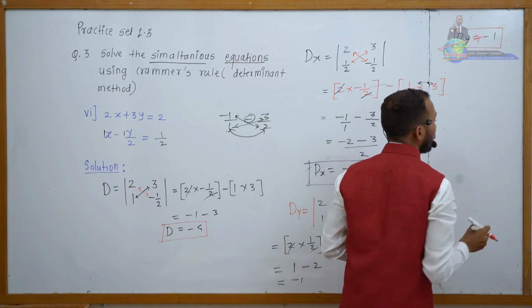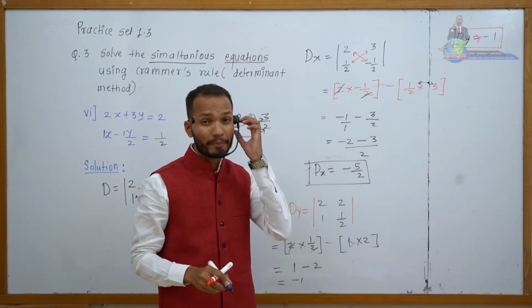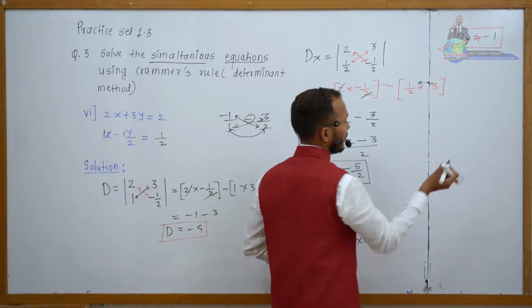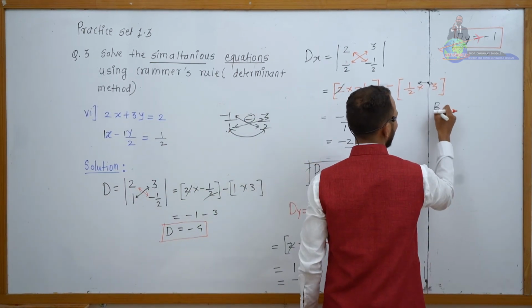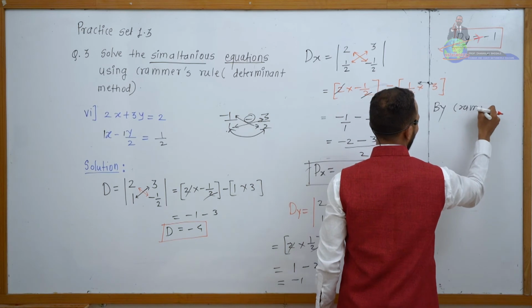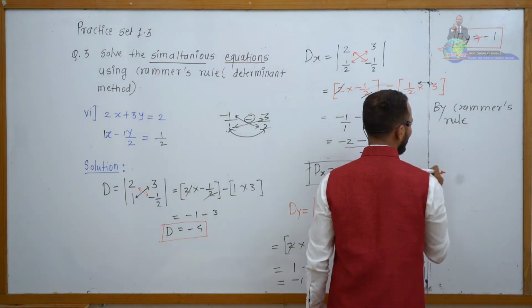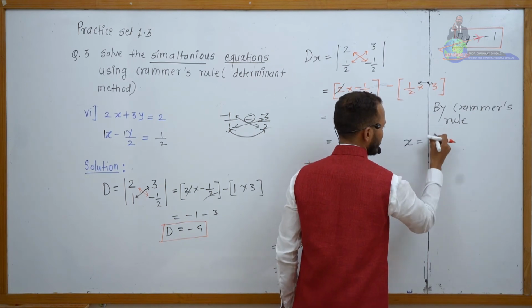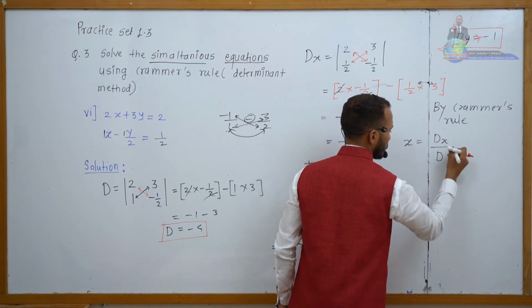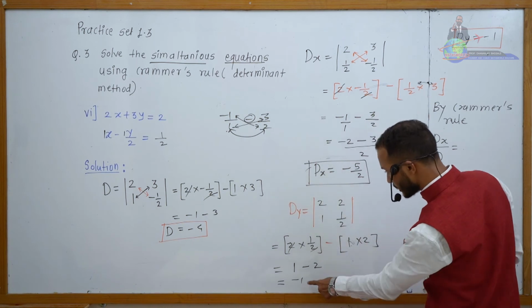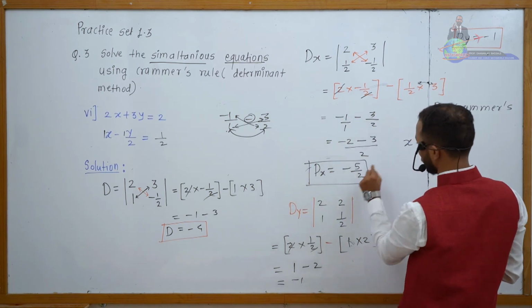Now student, we have to find the value of x and the value of y by Cramer's rule. So here we write, by Cramer's rule, student, what is the formula? x is equal to Dx by D. What is the value of Dx? Dx becomes minus 5 by 2.